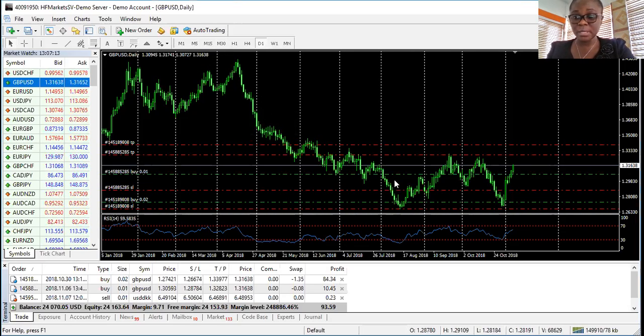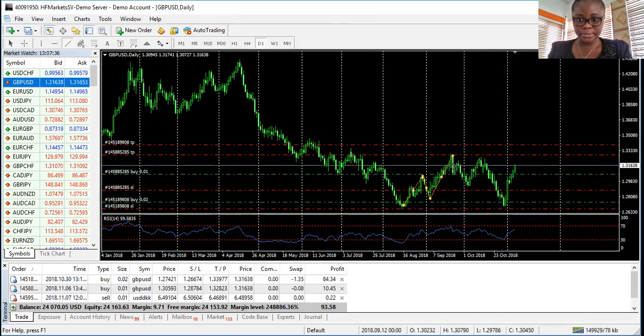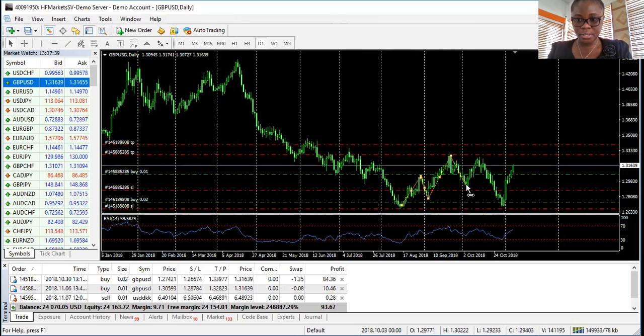The market did some downtrend and started doing some 3-3 waves. So let's use our trend line to draw these 3 waves. This is the first 3, and this is our second 3.